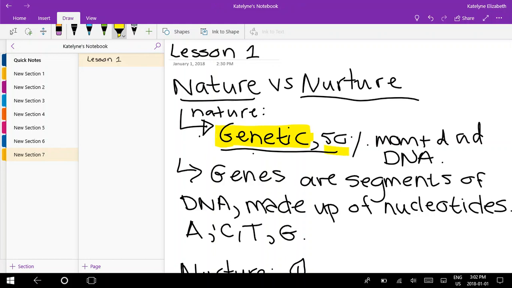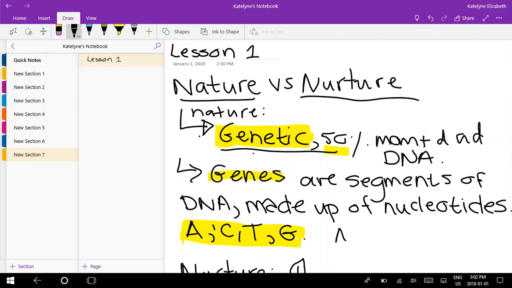And in our DNA, we have segments of coding regions, which are called genes. And they are made up of nucleotides, and nucleotides are made of a phosphate, sugar, and a base. And we have 4 bases, which are A, C, T, and G. You want to remember basically the pairing between these.